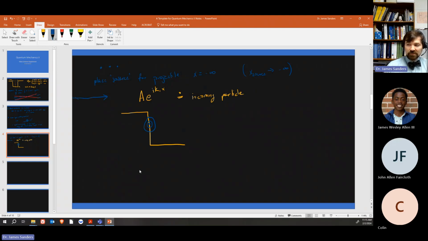And you have these two possible interactions: there's reflection and there's transmission. Now, the reflection term is your b e to the minus i k1x, and your transmission term becomes c e to the i k2x.